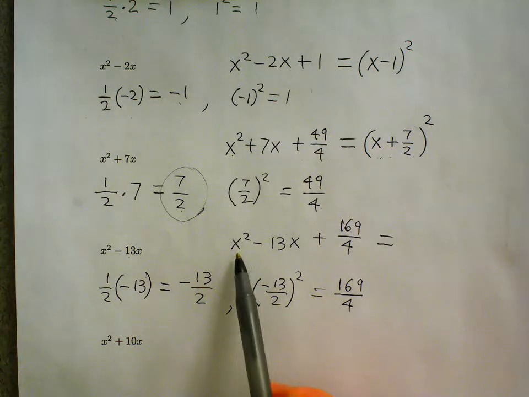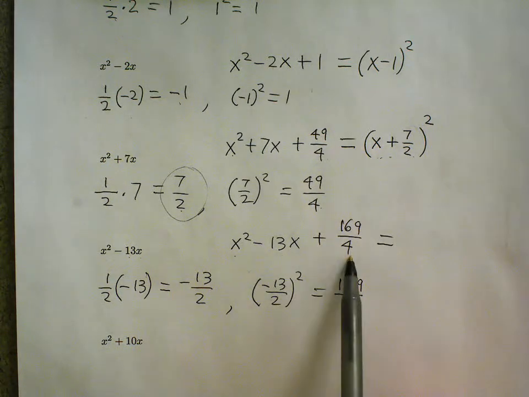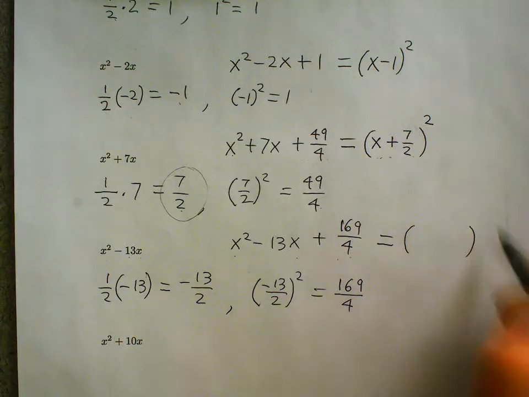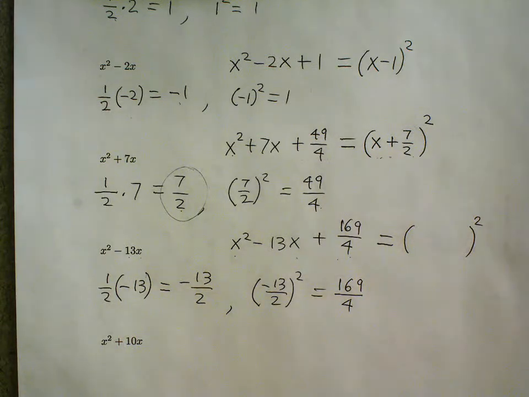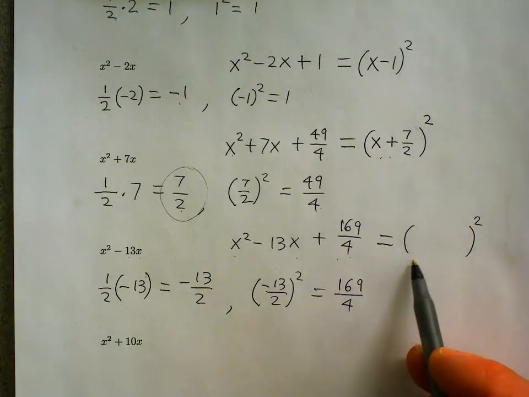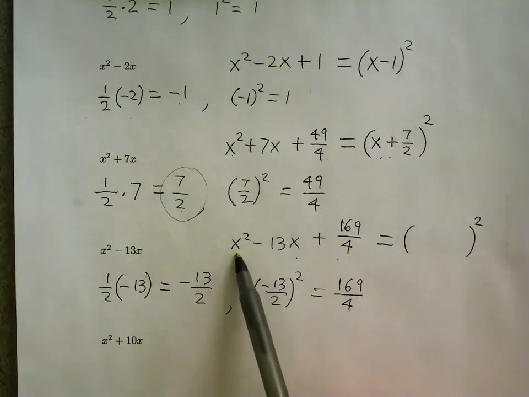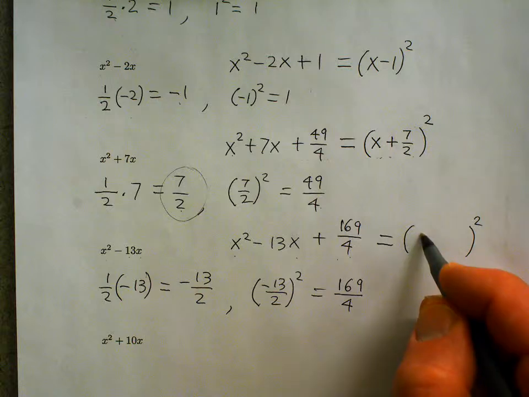Since we created a perfect square trinomial, it's equal to a binomial squared. So what binomial is it that we squared? Since the trinomial has 1x squared, the binomial has to have x.